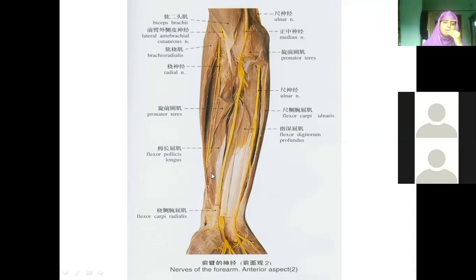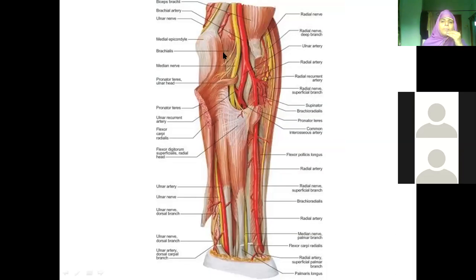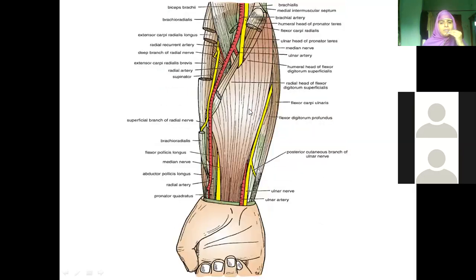This is the little finger side, so which nerve do we have? Ulnar. And here below the brachioradialis, as I told you yesterday, radial. So are you finding all the 3 nerves here? I will elaborate this separately. We have the radial artery and the ulnar artery.